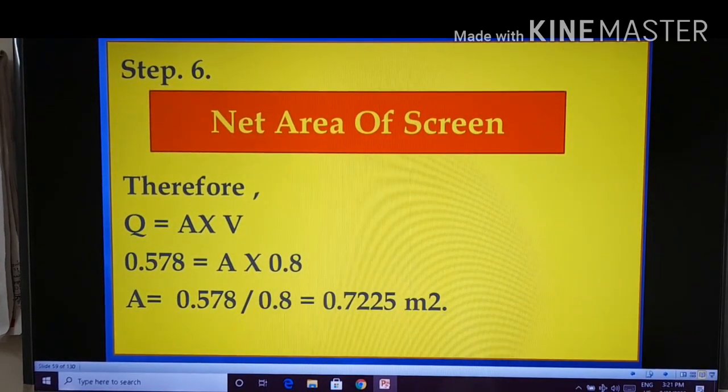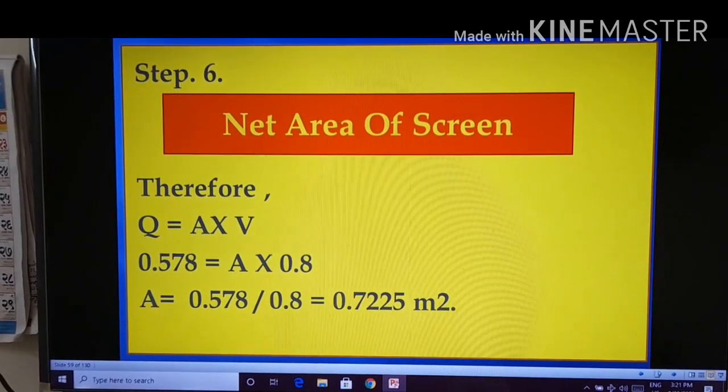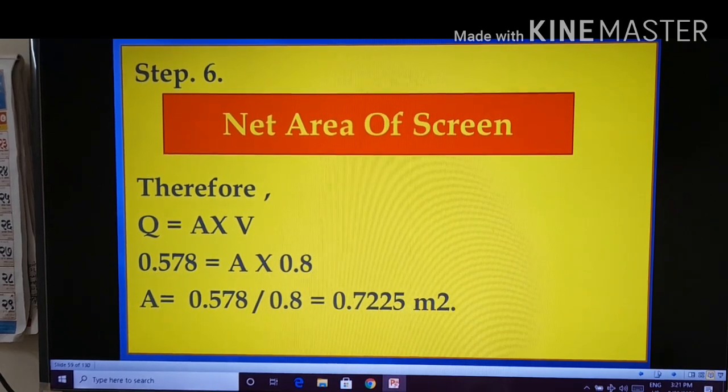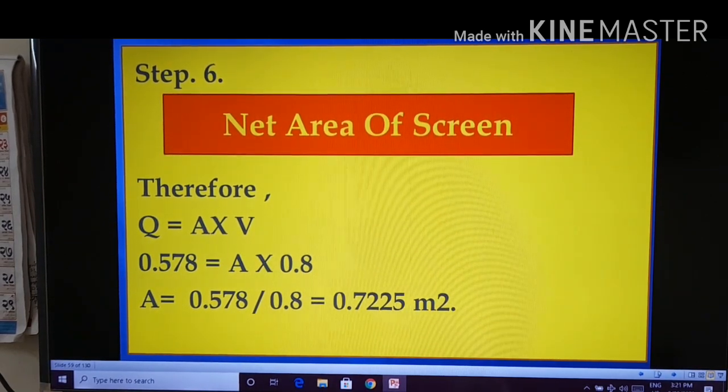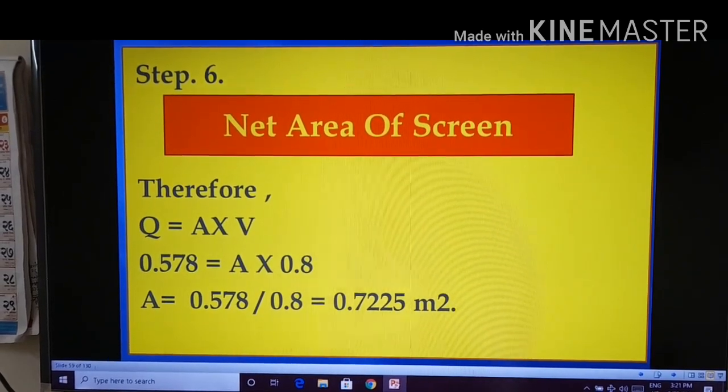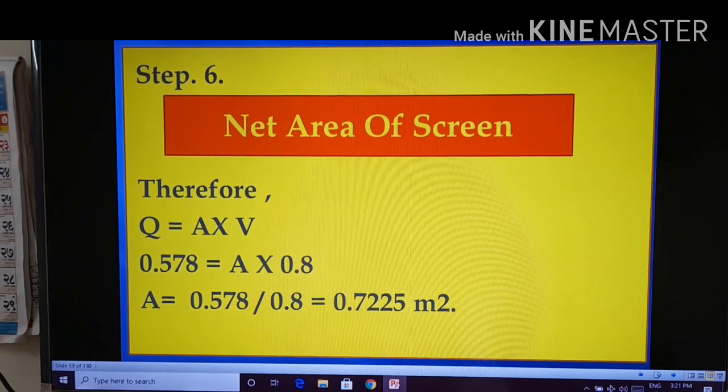Step 6: in this step, we have to calculate the net area of the screen. Therefore, Q is equal to area multiplied by velocity, that is A into V. We already have the value of Q, 0.578, which is equal to the unknown area A multiplied by 0.8, which is the velocity we already have.